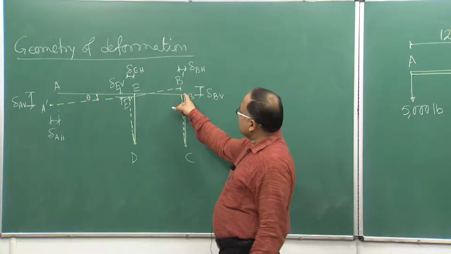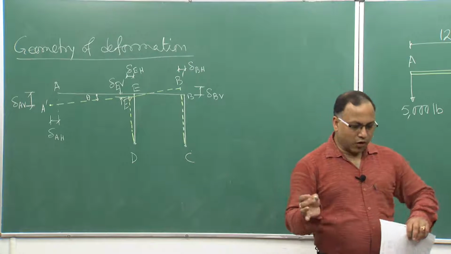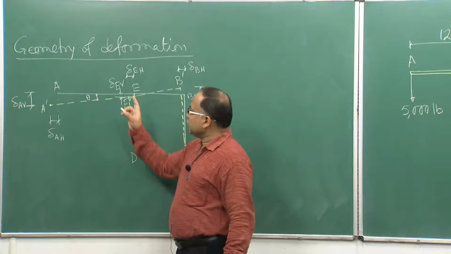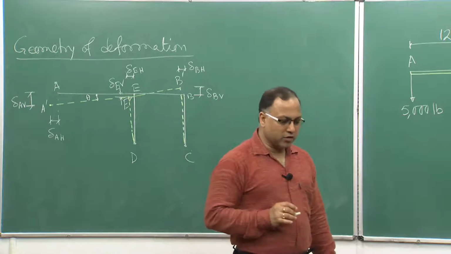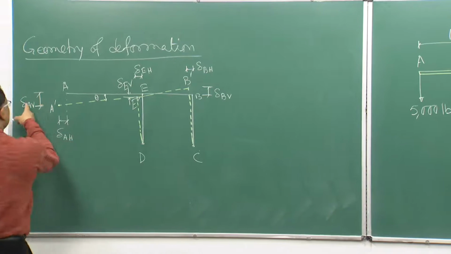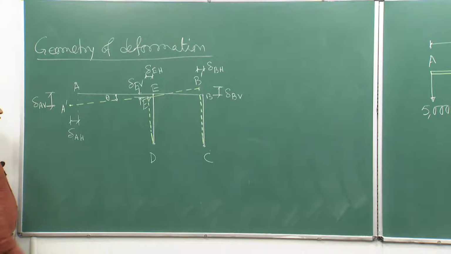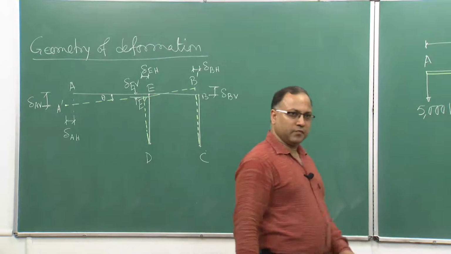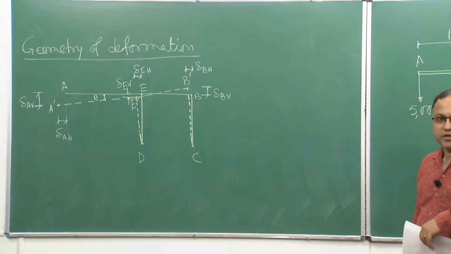Similarly, the horizontal distance between B and B prime is your delta BH, the horizontal movement of point B. Similarly, delta EV is the vertical movement of point E, and delta EH is the horizontal movement of point E. Likewise, delta AV is the vertical displacement of point A, and delta AH is the horizontal movement of point A. Okay. So, this is your probable deformed geometry.